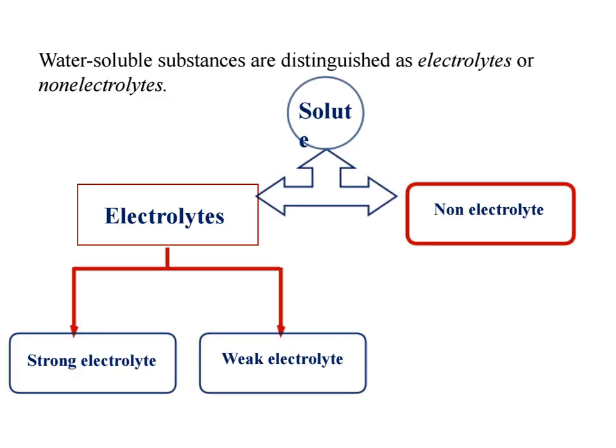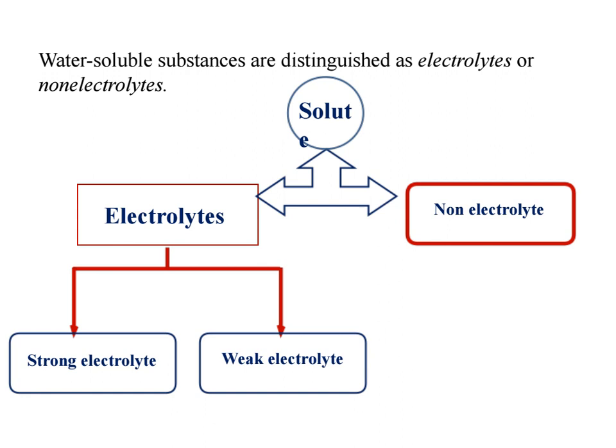Water soluble substances are distinguished as electrolytes or non-electrolytes. If any substance we dissolve in water, here water we call it as solvent and the substance we call it as solute. Let's take it is a soluble substance. Sometimes what happens, the solute may ionize in solvent or it may not ionize.